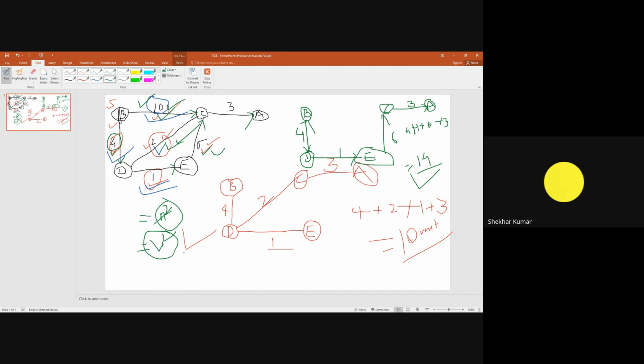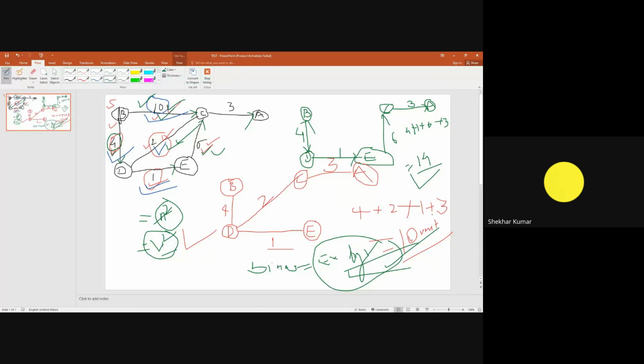If I am using a binary heap, then the complexity will be the total number of edges times log V, because the height of the binary heap is log n. So the complexity will be E log V if I am using a binary heap.